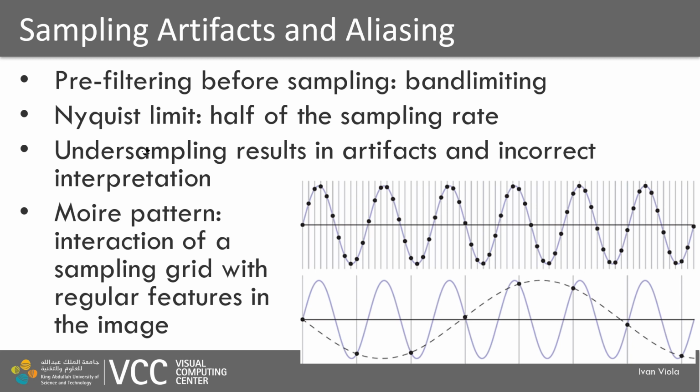Various types of patterns will show up which are actually not in the scene and are caused purely by this sampling and reconstruction process misbehaving. We can see that here in this drawing of one signal, which is the continuous signal, this sine wave.